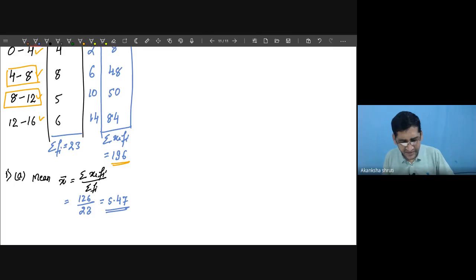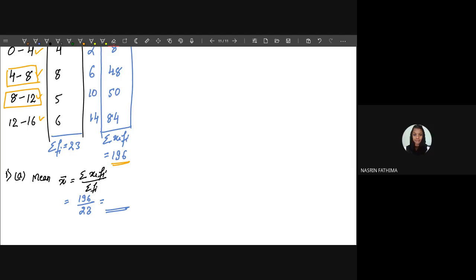So write this as 190. Then correct it also. How much is that? 8.26. 190 divided by 23. We are getting is 8.5 or 8.6, you may write. 8.26.